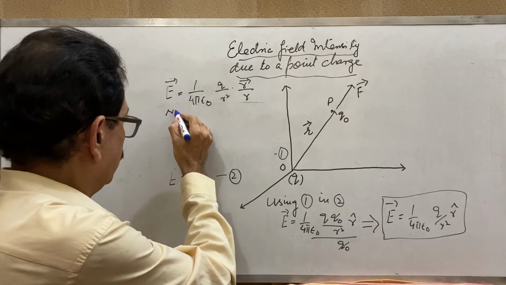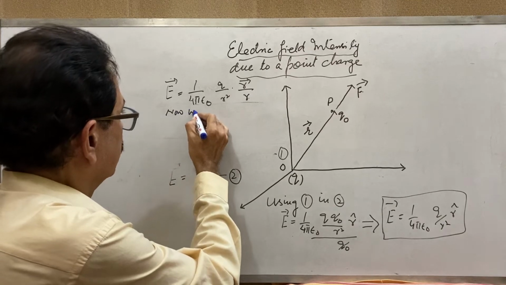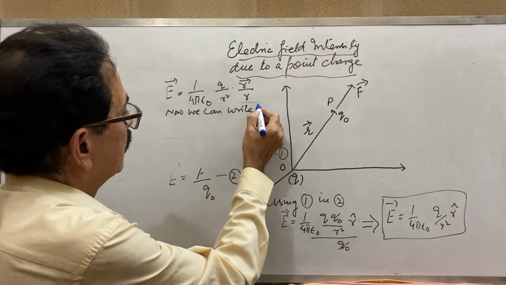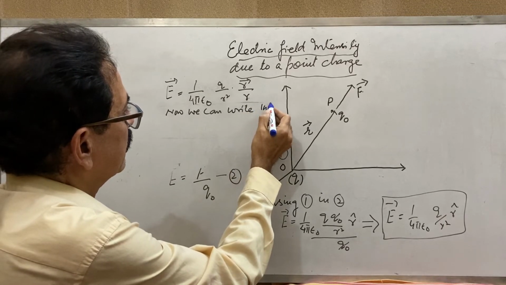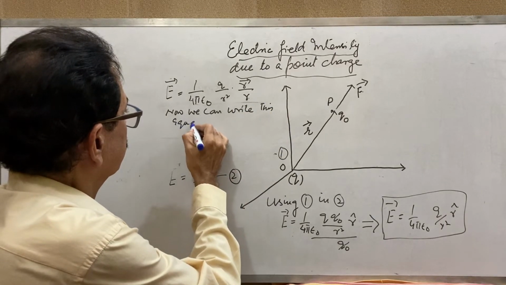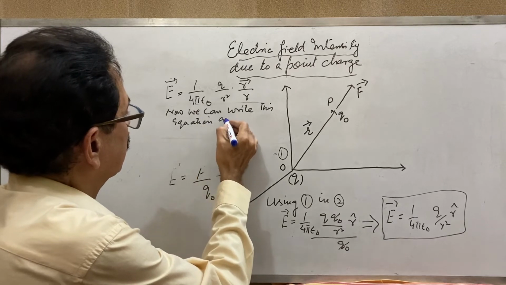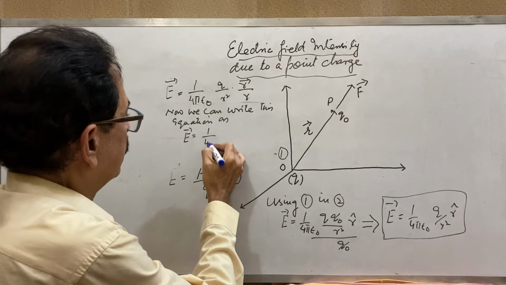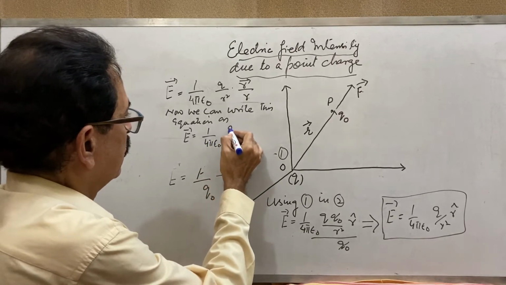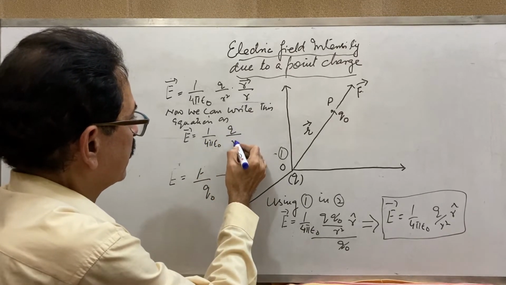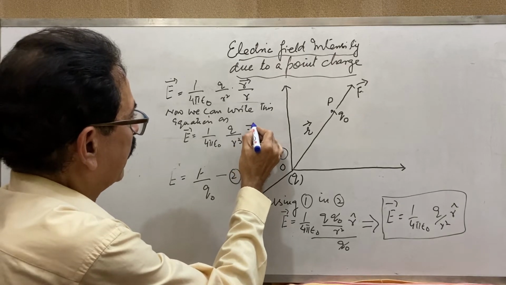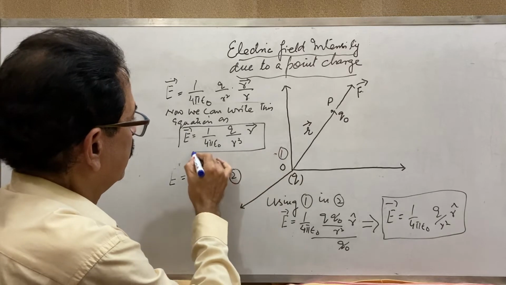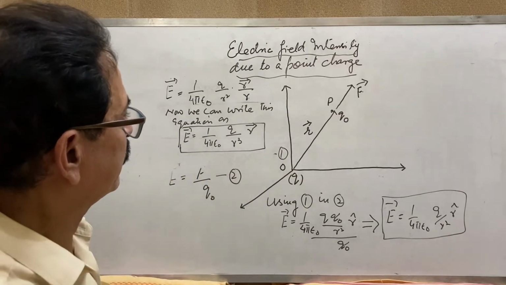Now we can write this equation as E is equal to 1 upon 4 pi epsilon naught Q upon R, and R square becomes R cube R vector. This is electric field intensity due to a point charge.